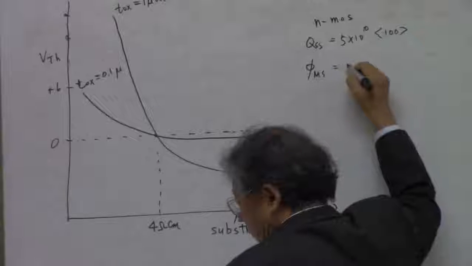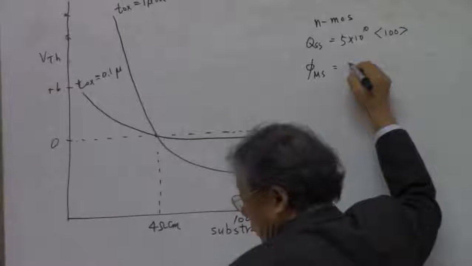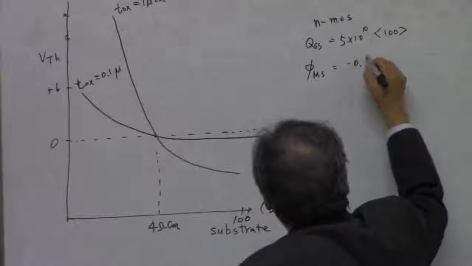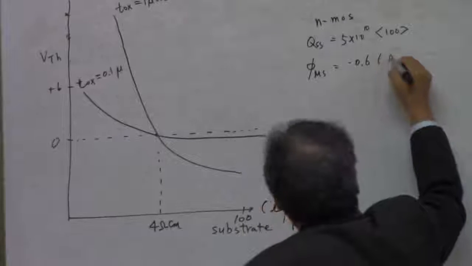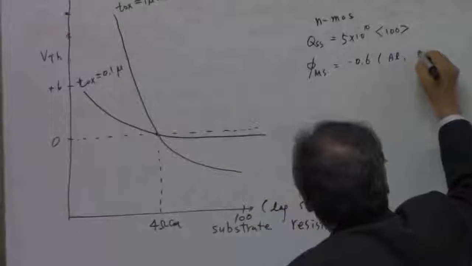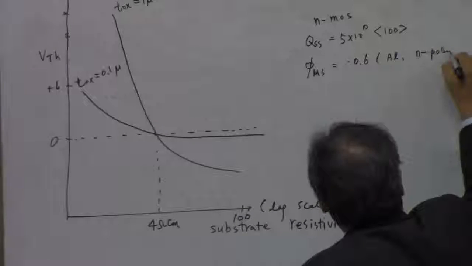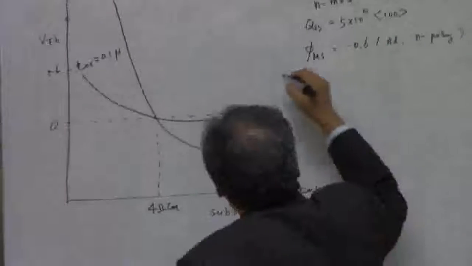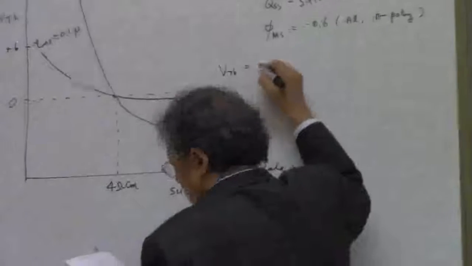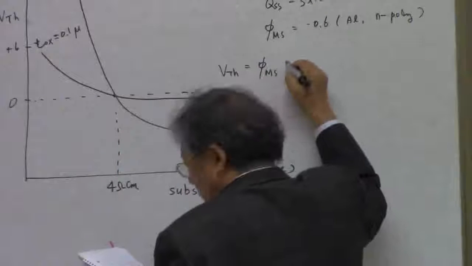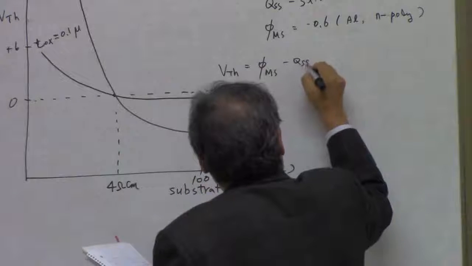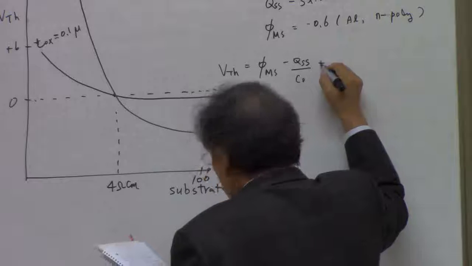Metal work function is about 0.6, aluminum or n-poly gate, and the threshold voltage is calculated based on the discussions that we had.